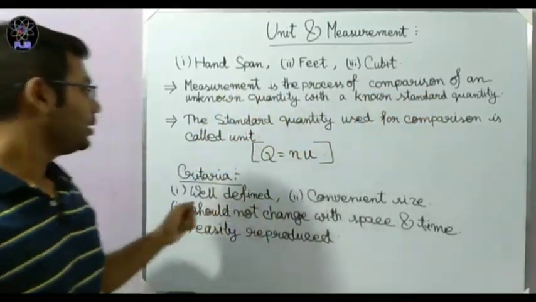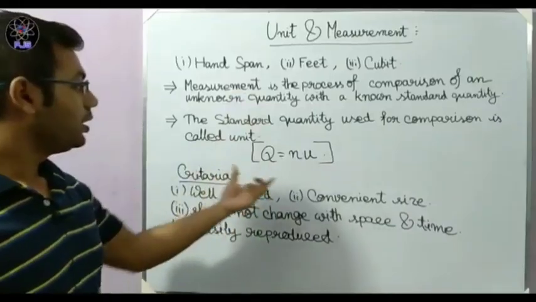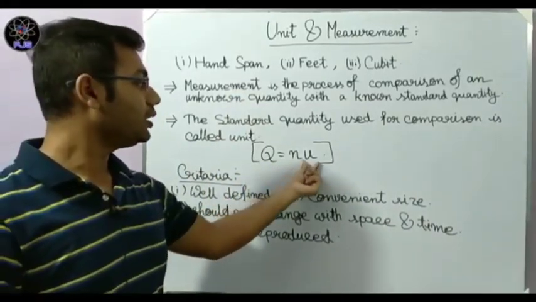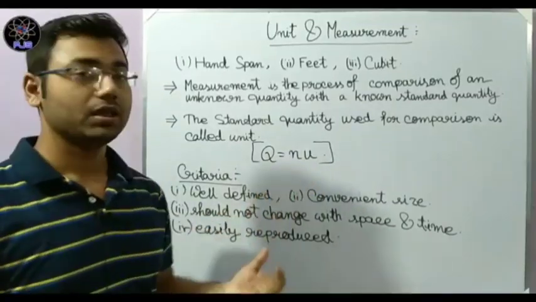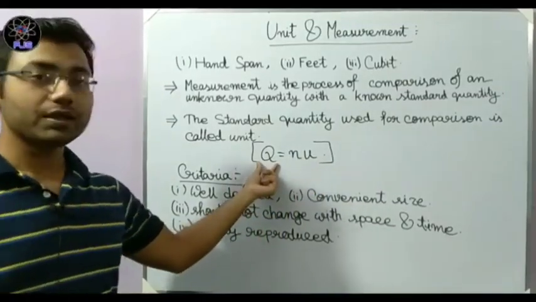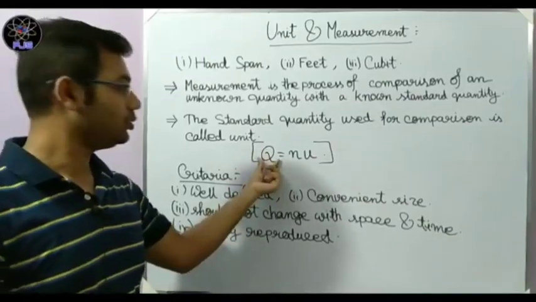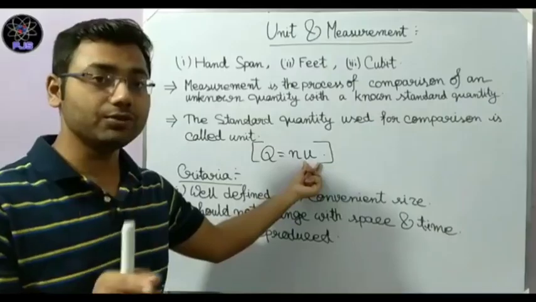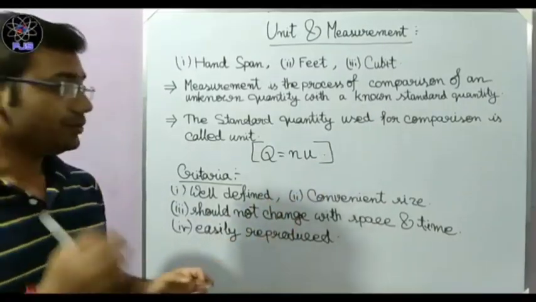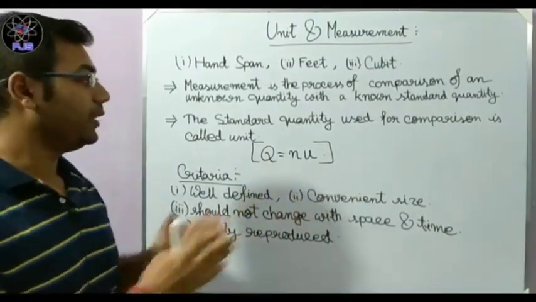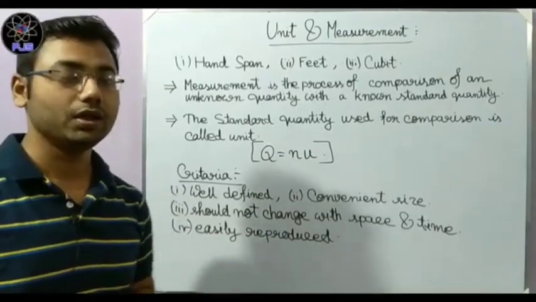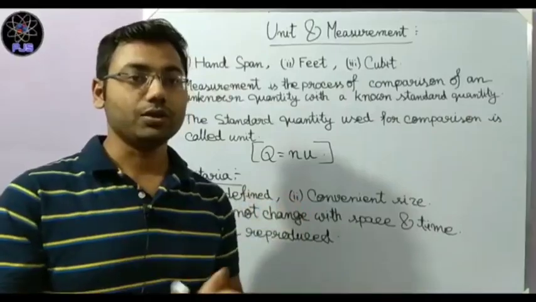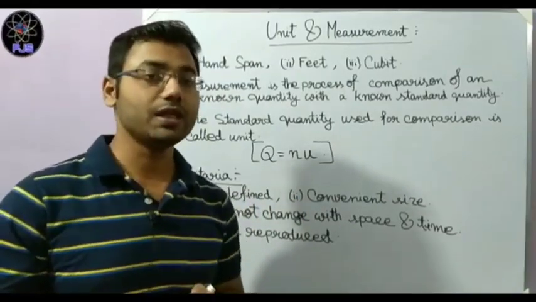Okay, hope you understand. Now here you can see that capital Q equals N into U. What do you mean by this? Quantity, we use quantity by Q. Now small n is the number and small u is the unit. When we measure a physical quantity, the thing or the quantity which can be measured is known as physical quantity.